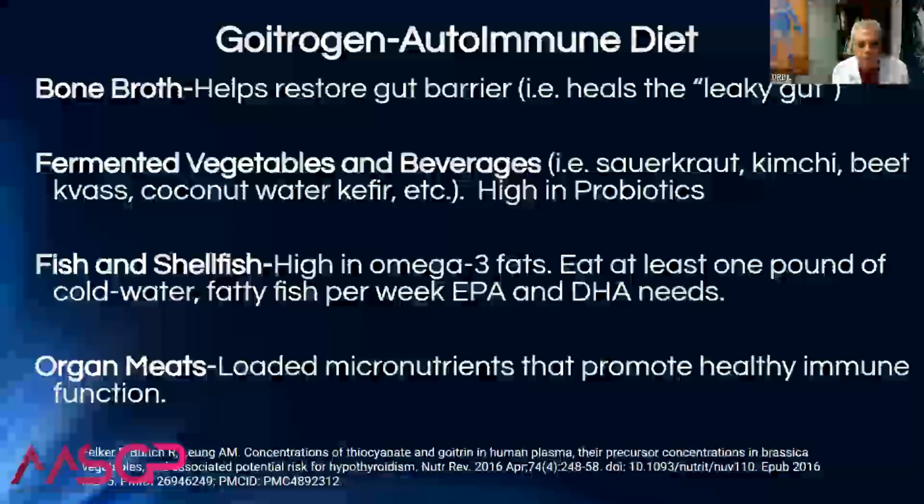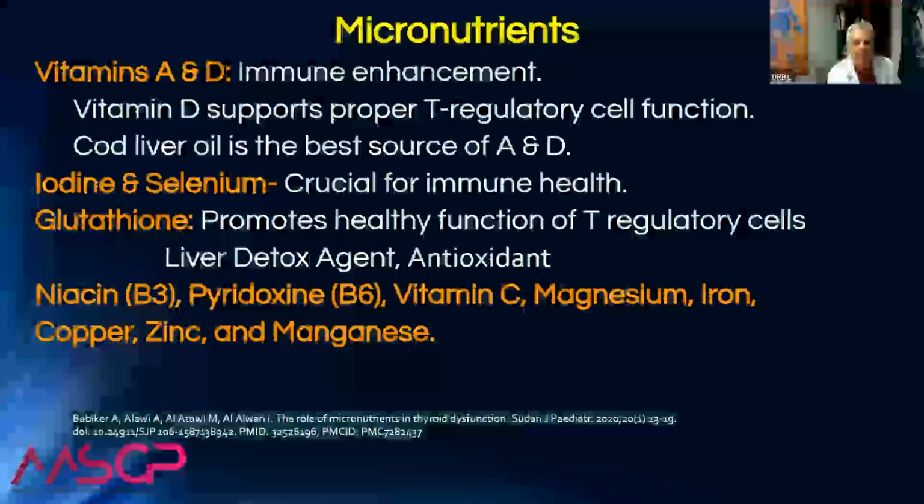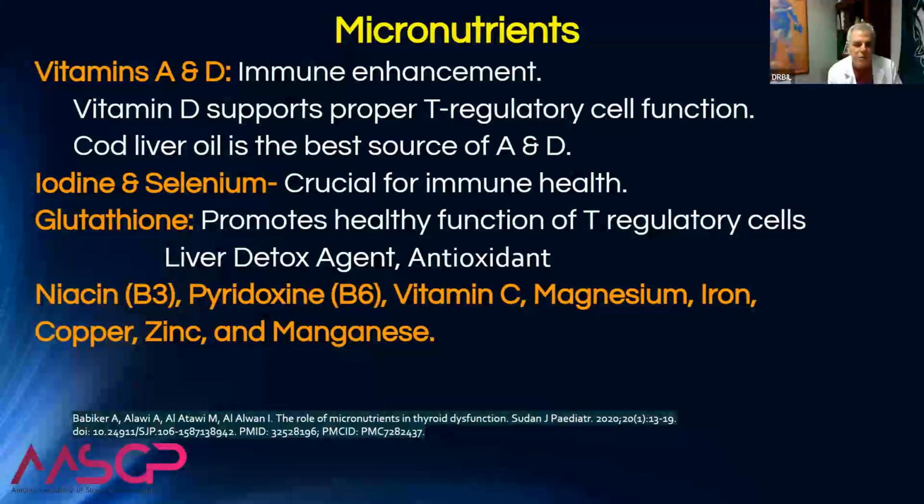So this list here is, again, just a little bit of quote unquote food for thought. Things that may help: bone broth, which helps restore the gut barrier; fermented vegetables; shellfish, and fishes that are high in omega-3 fats; and organ meats that contain micronutrients. Vitamins, as I showed you before on the chart: vitamin A, vitamin D, enhance the immune system.